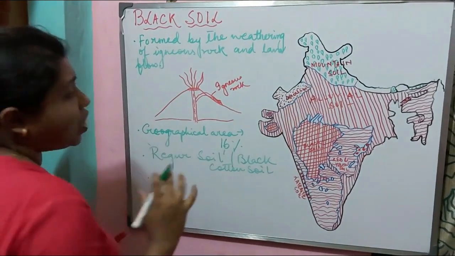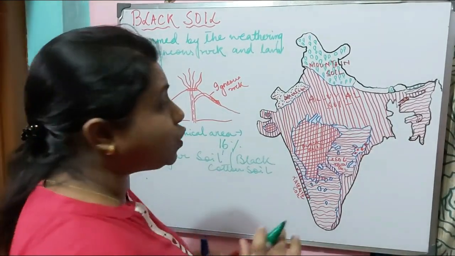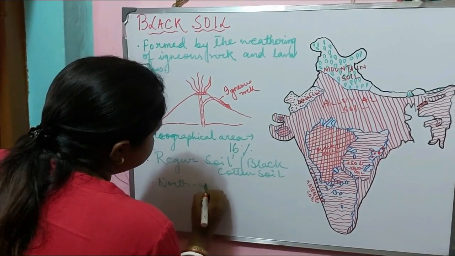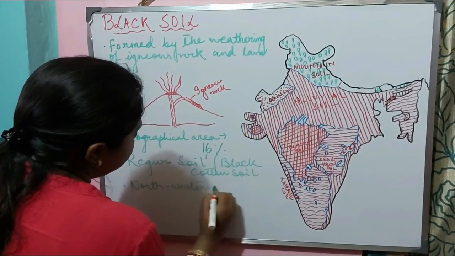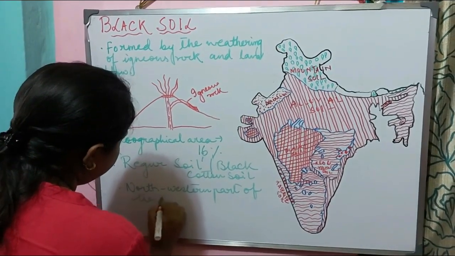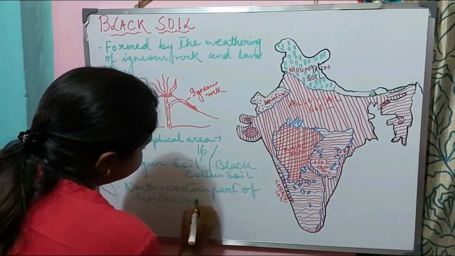Now, which are the areas where we can find this kind of soil? Mainly in the northwestern part of the Deccan Plateau.